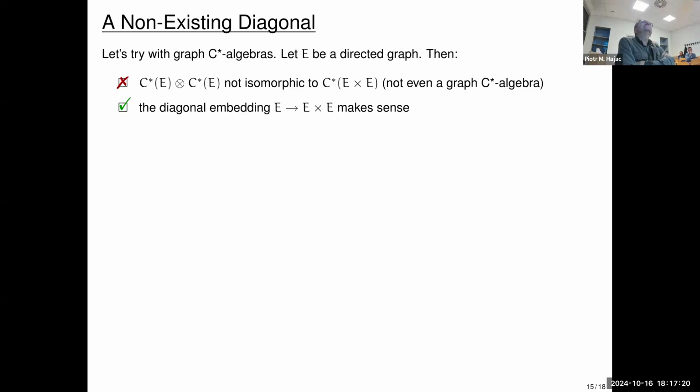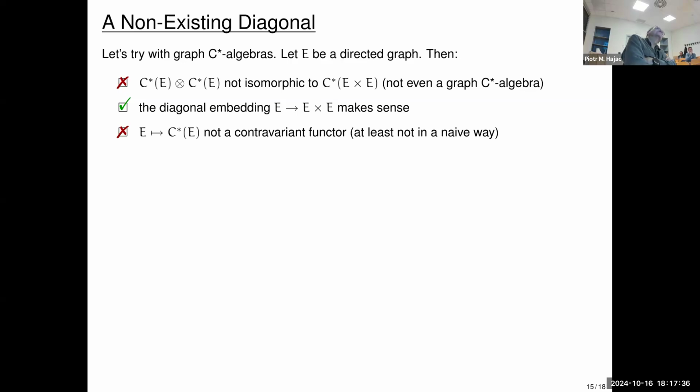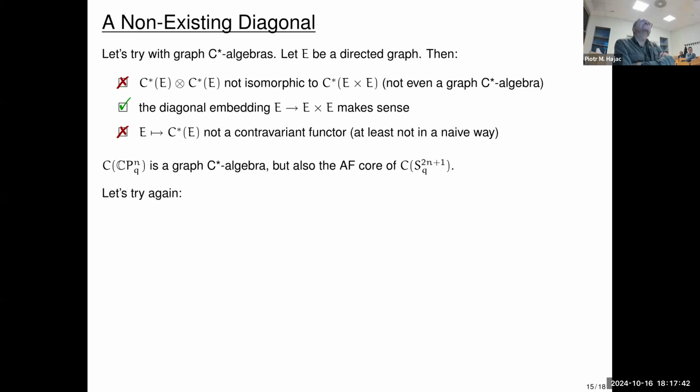So the diagonal embedding, second ingredient, still exists. You can embed diagonally a graph in the Cartesian product with itself. And the third ingredient, well, this association of a graph algebra to a graph is not a contravariant functor in a naive way. Okay, so two out of three ingredients failed.